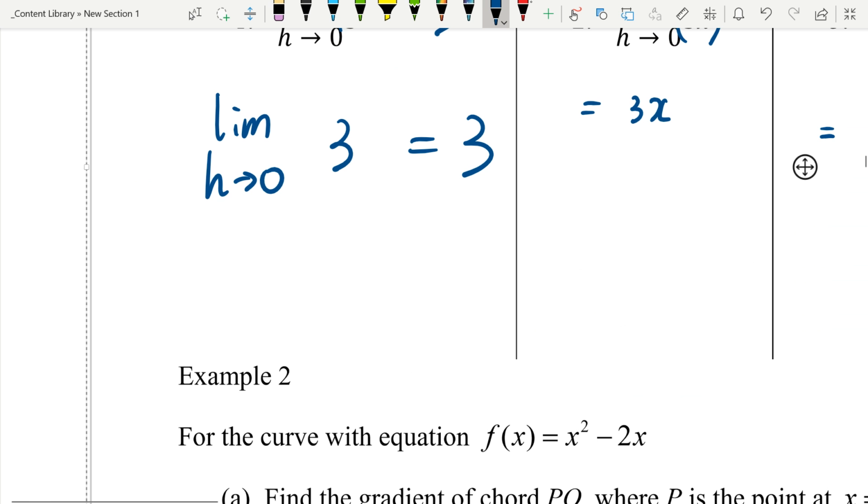You can use the quick method when the question doesn't say to use first principle, but there will be questions that particularly ask you to show first principle. Unless they ask you to do so, you can use the quick method. It's really quick. I know why you hate this one, but you just need to know this and learn this.